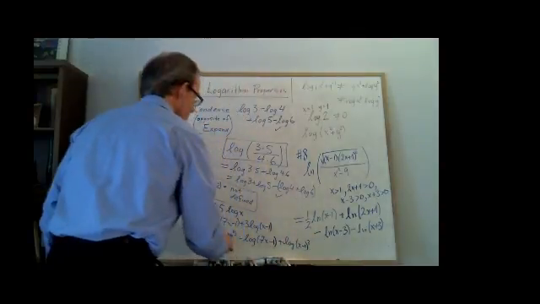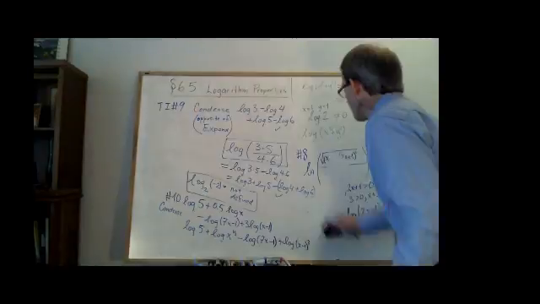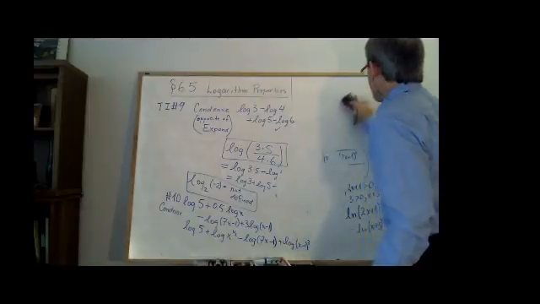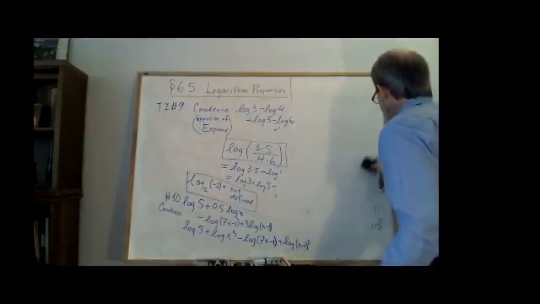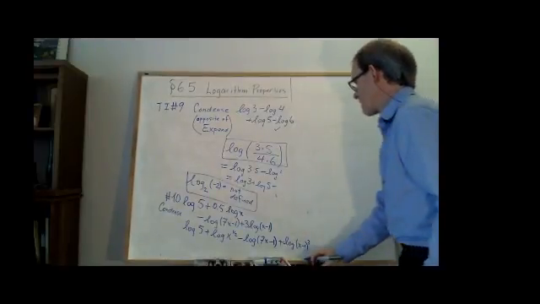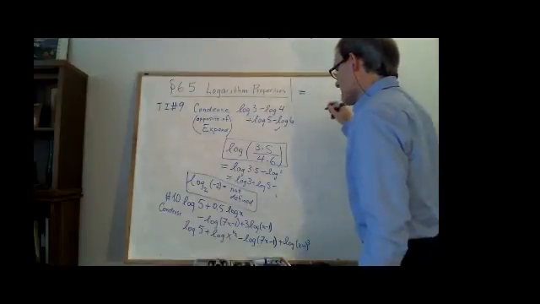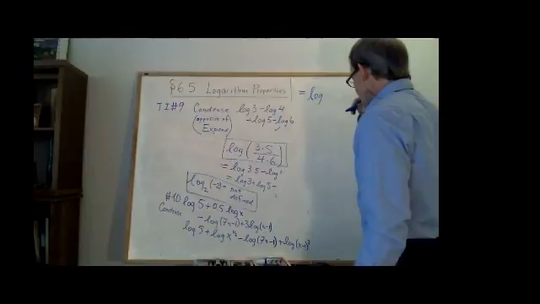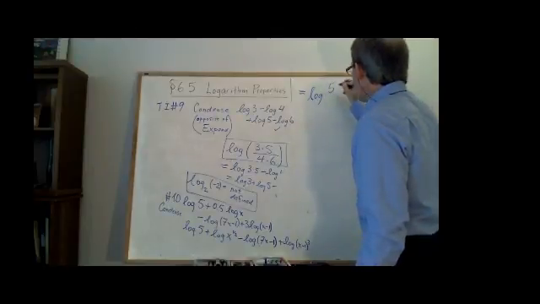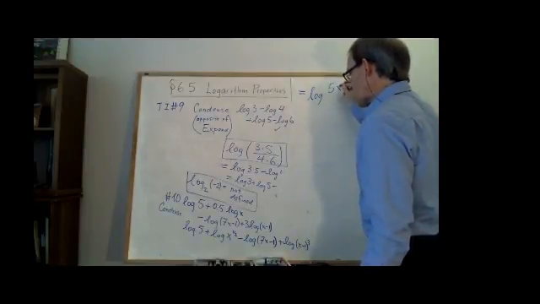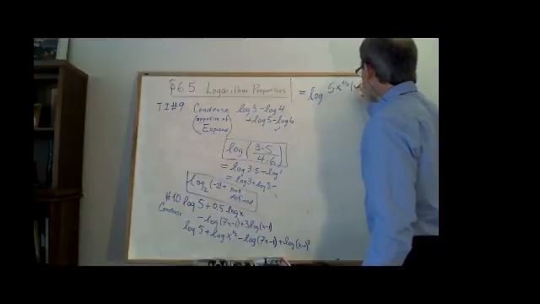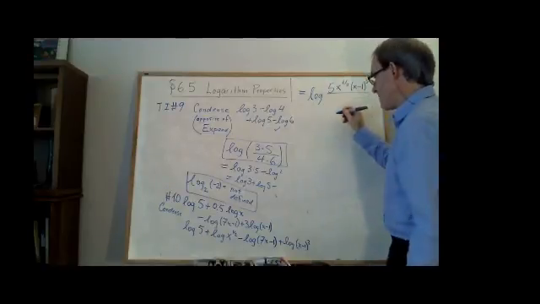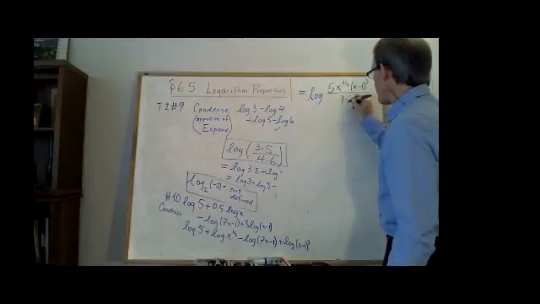So we can actually do this all in one step, and write it as log base 10 of 5 times x to the 1/2 times x minus 1 cubed divided by 7x minus 1.